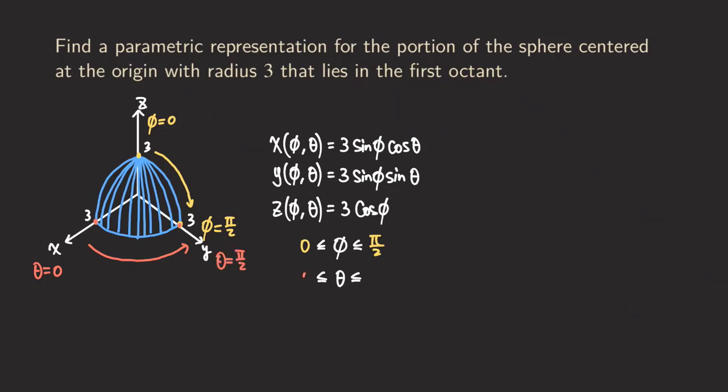As you can see, we start from 0, which is the same as before, but this time we don't go all the way to 2 pi because we don't cover all 4 quadrants, we only cover the first quadrant. So we get pi over 2 right here. So this is our parametrization.